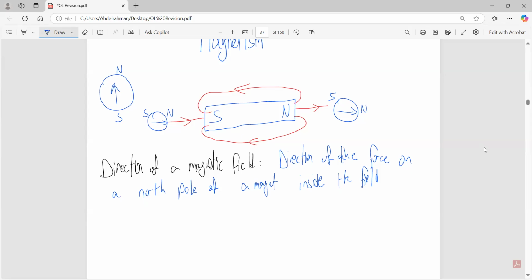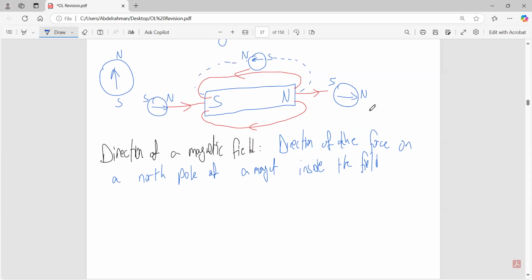If we have a compass here, it would look to the left, because the north pole is attracted to the south pole and the south pole is attracted to the north pole. So the direction is to the left. This is the direction of the magnetic field.